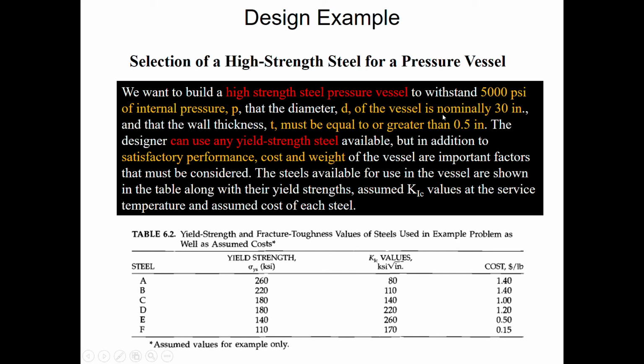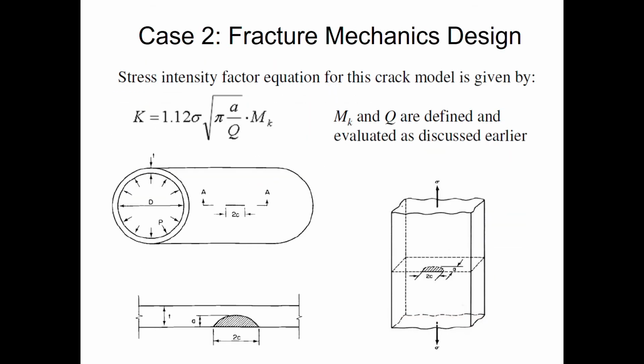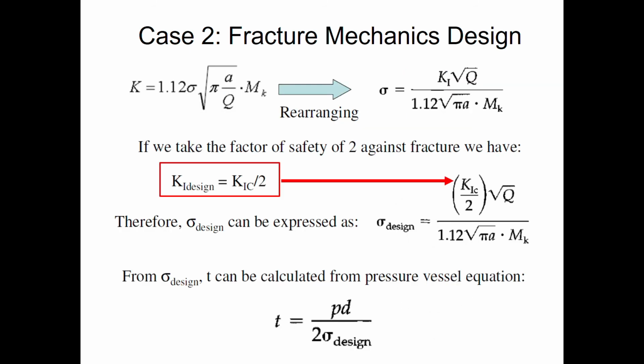So we take the value as 0.5. It's not logical to say that the crack is 0.3 or something, because we need to make sure that the wall thickness is equal to or more than 0.5. So we take the crack length, in this case, as 0.5.